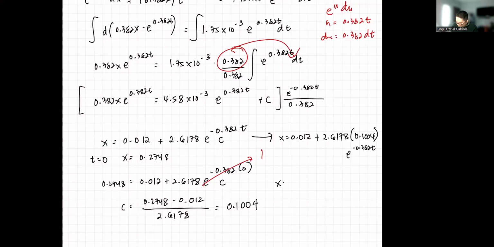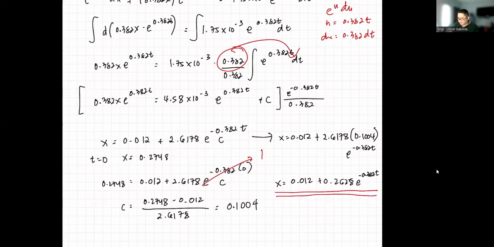So, simplify lang natin yon. 0.012. Then, multiply natin to ng 2.6178. That is point plus 0.2628 e 0.382. Okay?